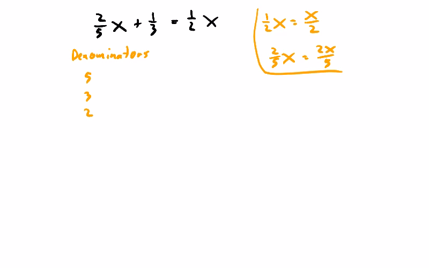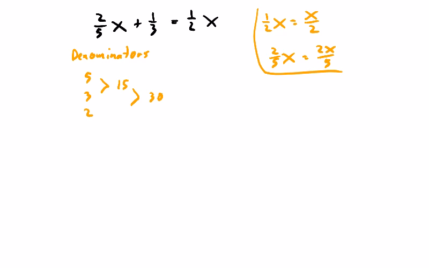If we look at 5 and 3, they would have a least common multiple of 15. When you're working with prime numbers, simply multiply them together. But clearly 15 is not a multiple of 2. So let's take 15 times 2 and we get 30. It turns out 30 is the least common multiple.